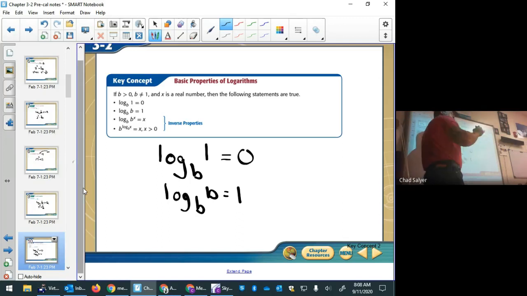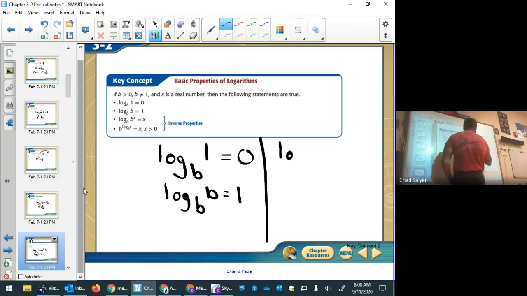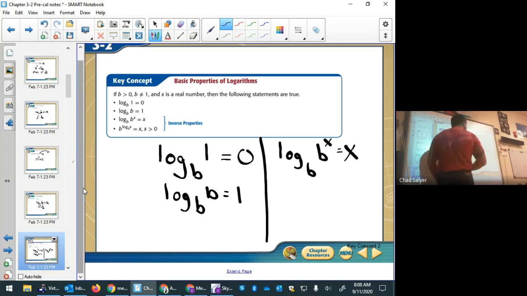And the inverse properties of the logarithm and the exponential. So these are a little less obvious, but they're very important. So the log base b of b to the x power equals x. So in other words, you see there's an exponential in the argument, and the logarithm undoes it and gives you the identity function.